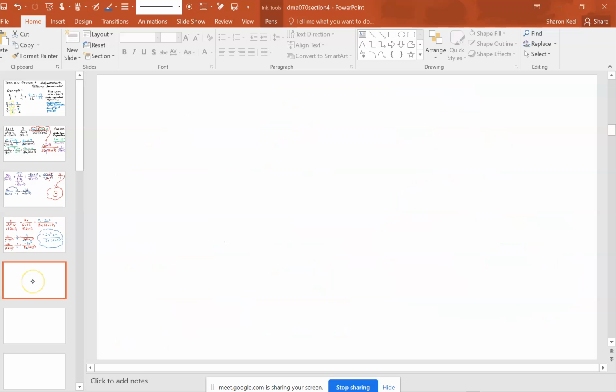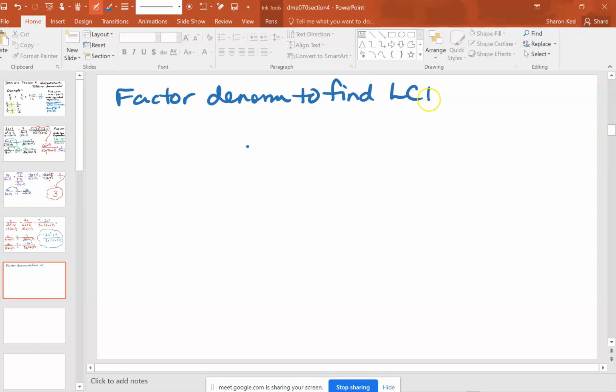So that's what you're doing in this section. So what you need to do is to factor denominators to find the least common multiple. Then you need to make equivalent expressions.